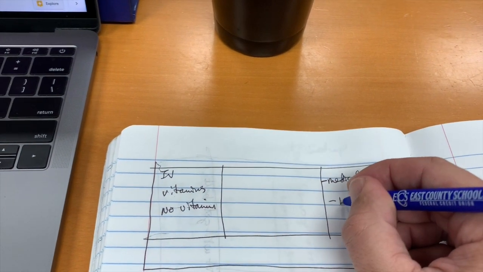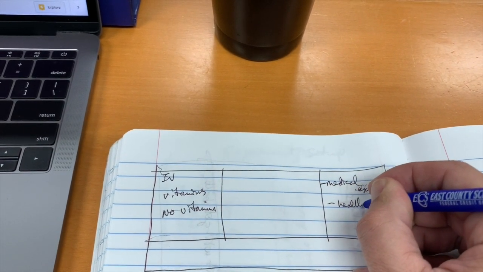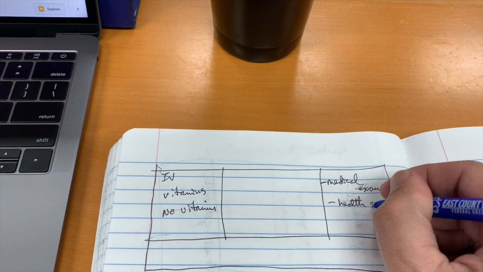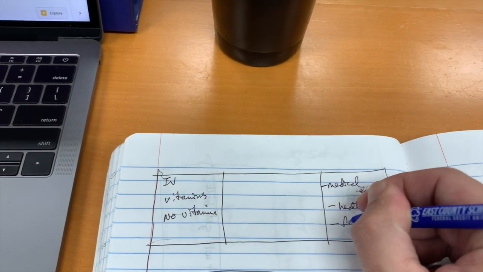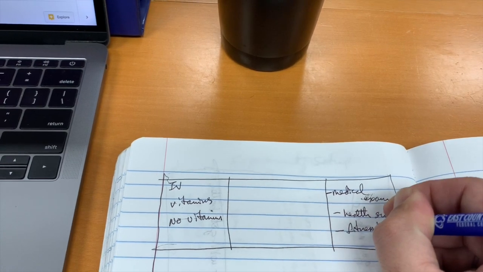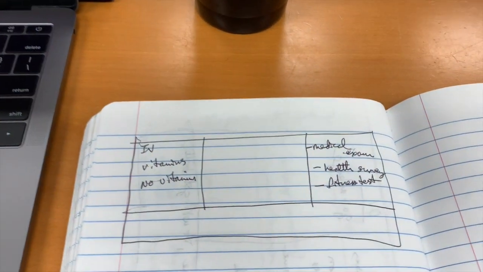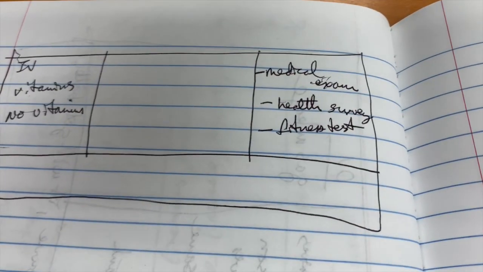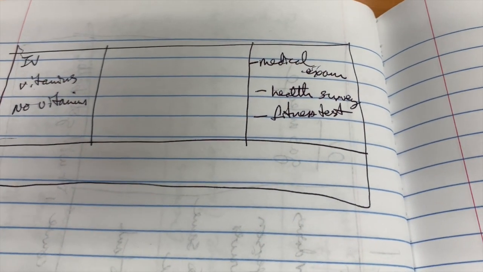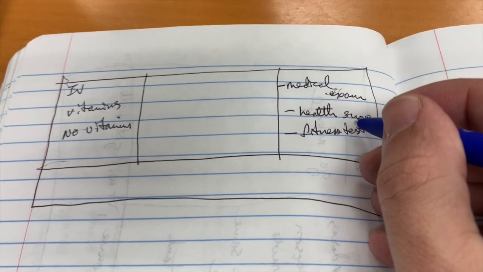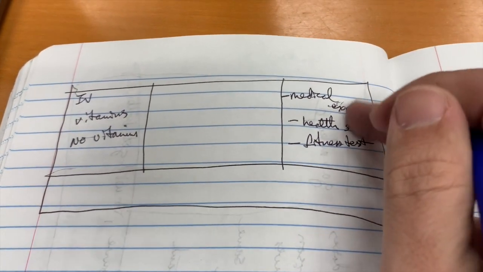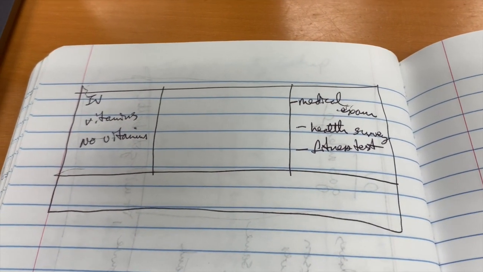We could do a health survey, ask the patients how they feel. We could give a fitness test. We may have to do all three of those things, or because of our situation, we may just pick one. That would be something you would have to figure out.